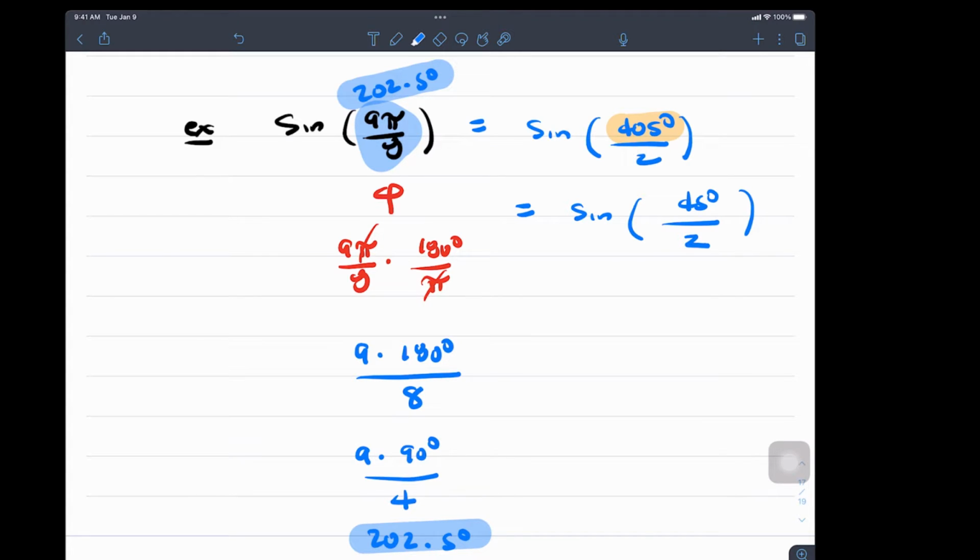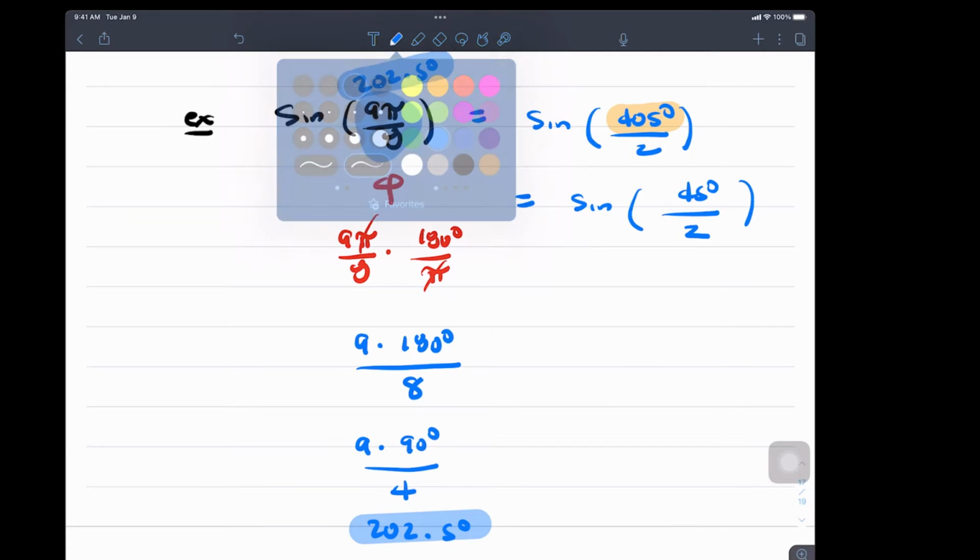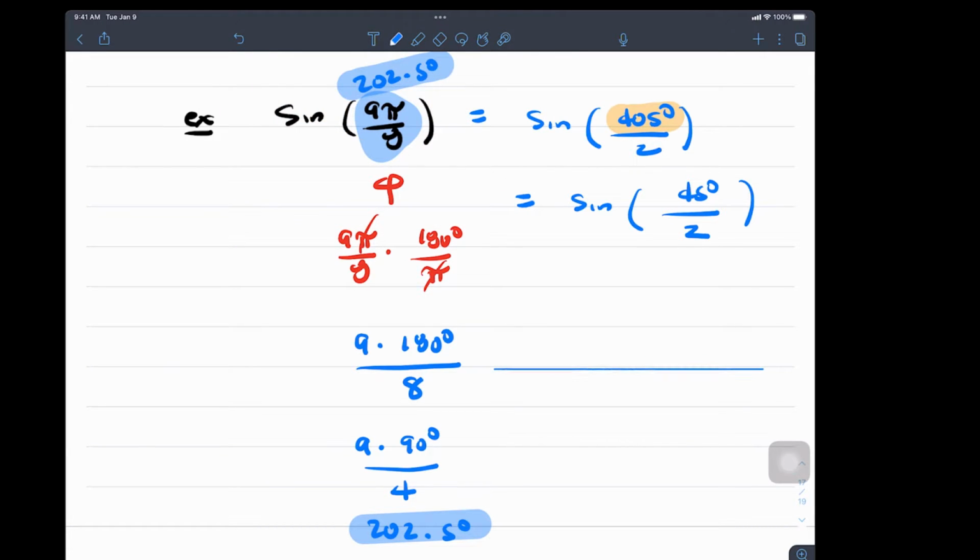So maybe you want to go, wait a minute, what quadrant is that in? Let's double check here. How can you kind of think about this, right? Are we on the right track? 1, 2, 3, 4. This is what? All students take what? Calculus. So let's stop and think about this.